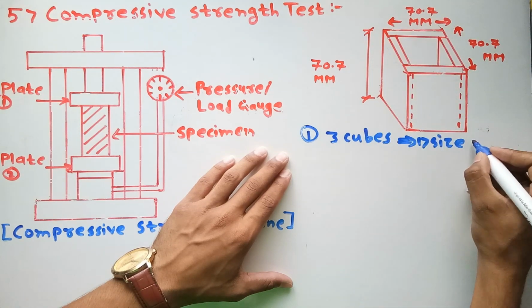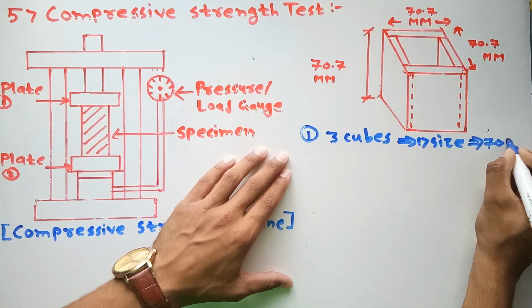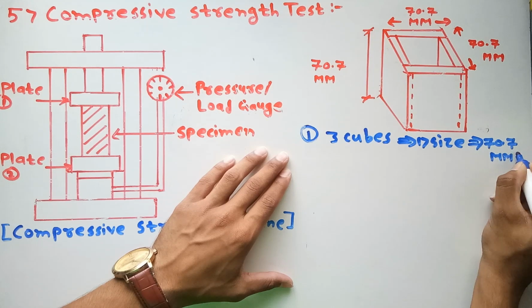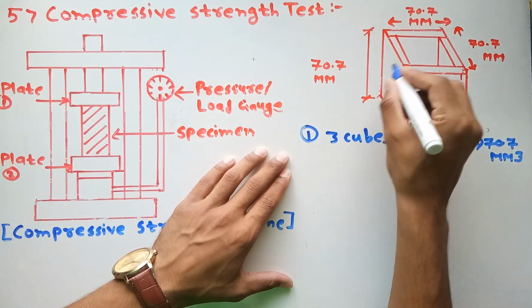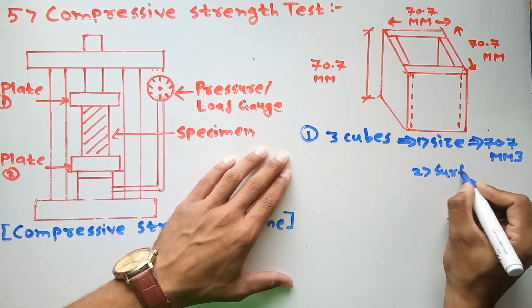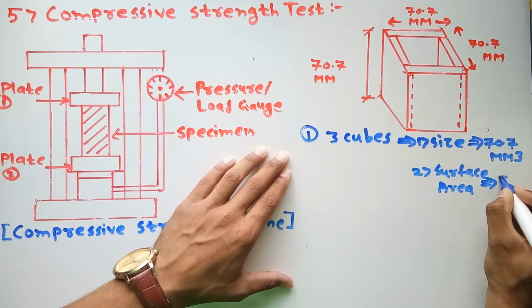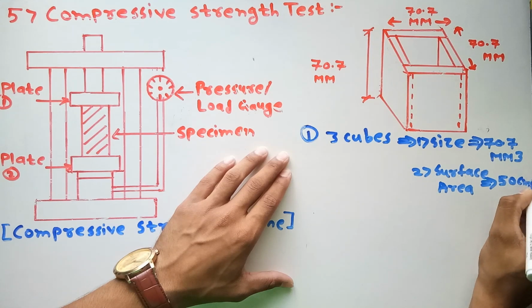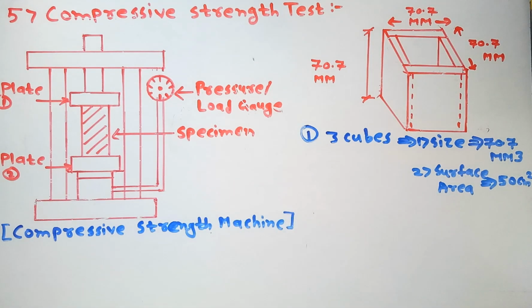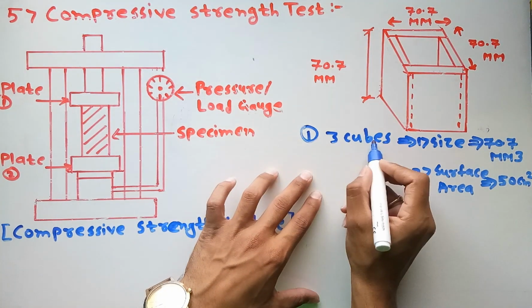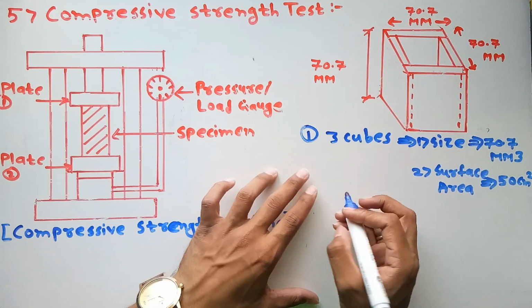The surface area of this mold is around 50 centimeter square. All of the 3 cubes or molds are filled up with the cement mortar.